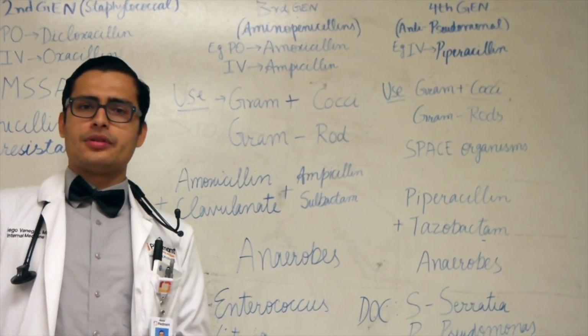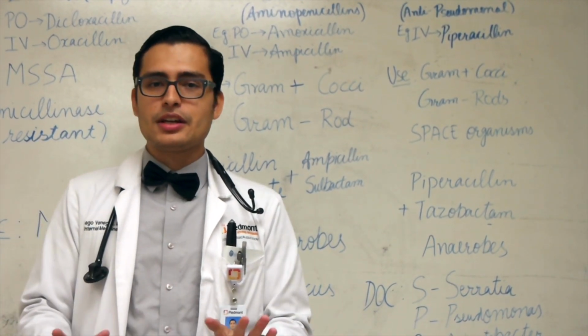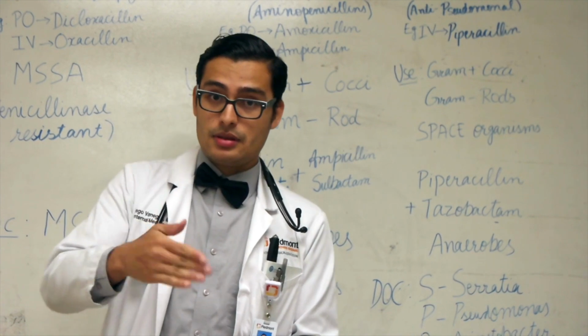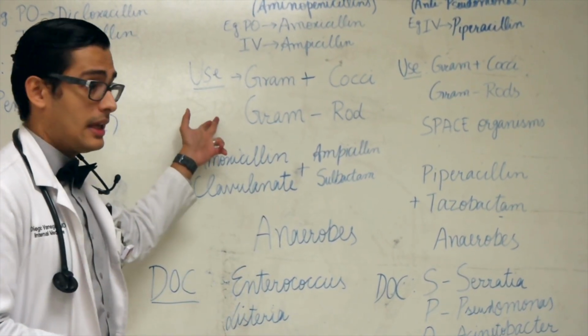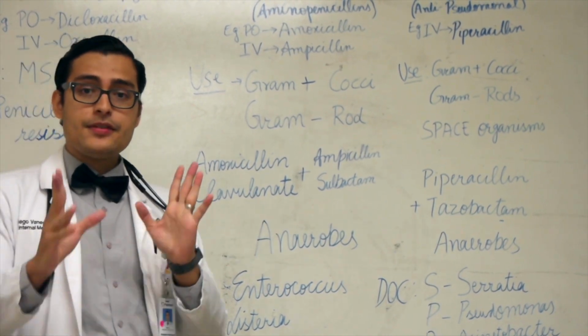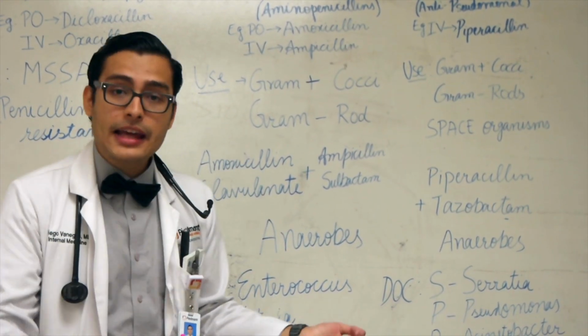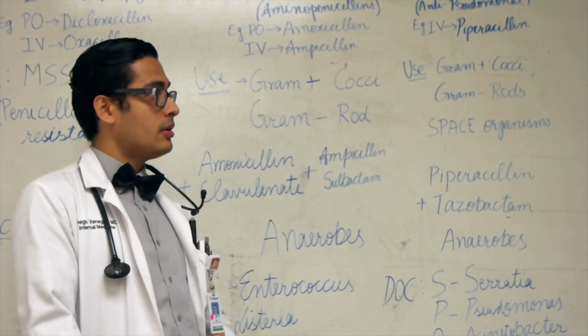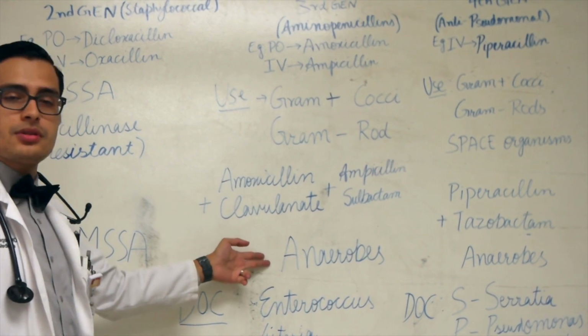What do we use it for? These are broad spectrum antibiotics. They cover gram-positive cocci, like the ones before, and also some gram-negative rods. Specifically, if you add a beta-lactamase inhibitor like clavulanic acid to amoxicillin or sulbactam to ampicillin, then they also cover anaerobes.